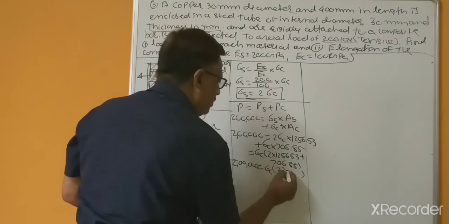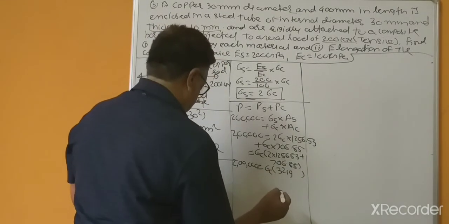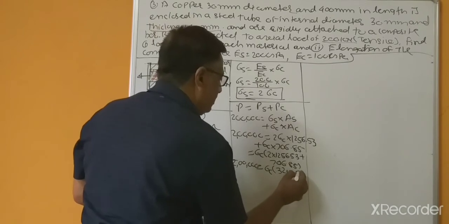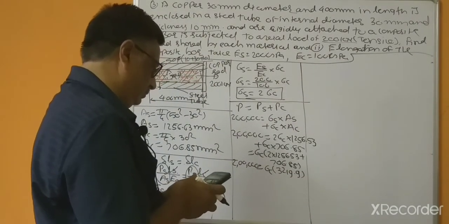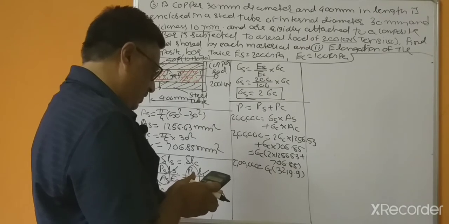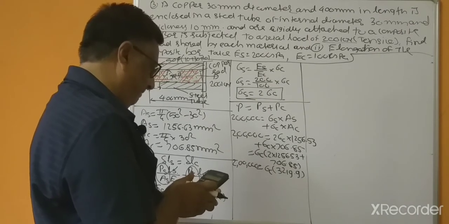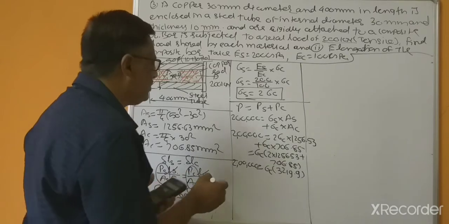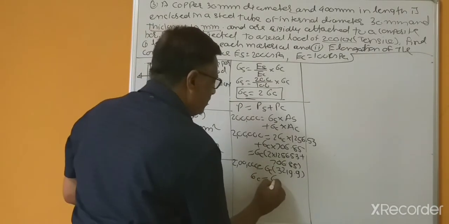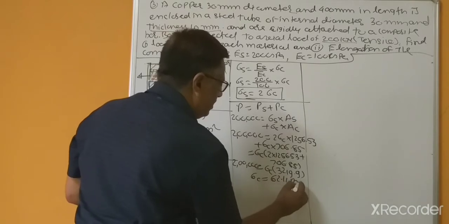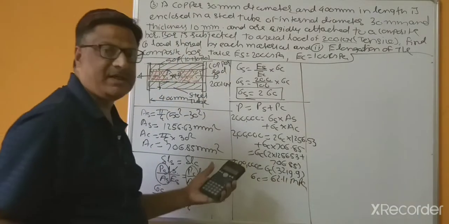So 3219.9 multiplied by sigma C, so sigma C equal to, you got 62.11 megapascals.